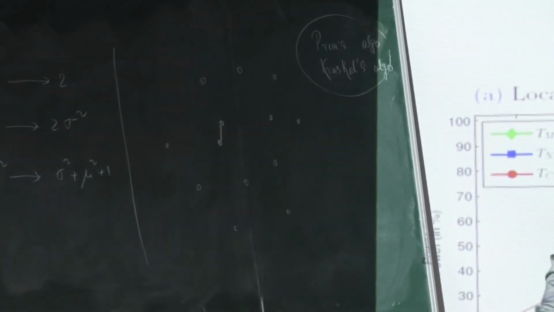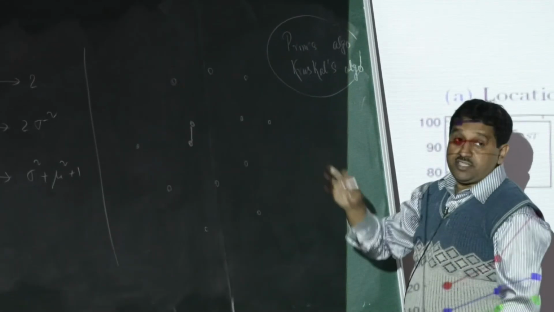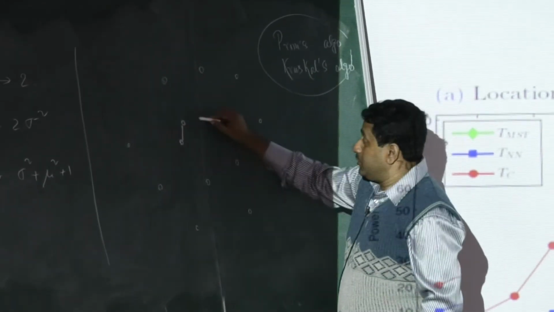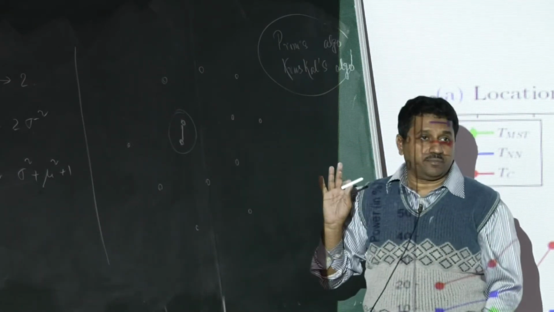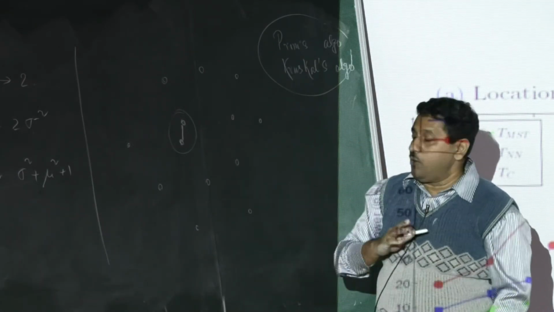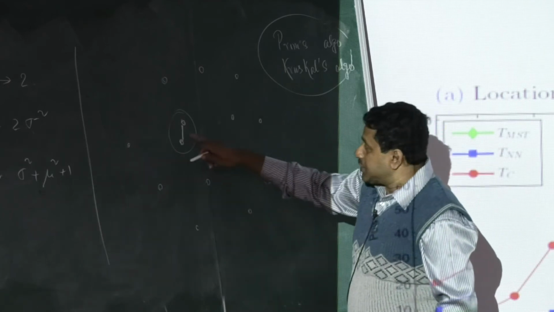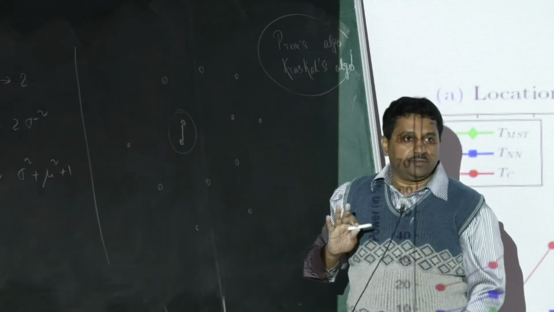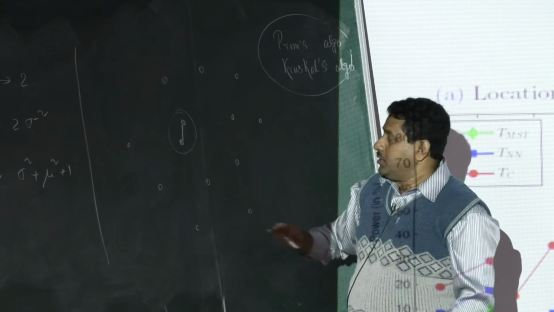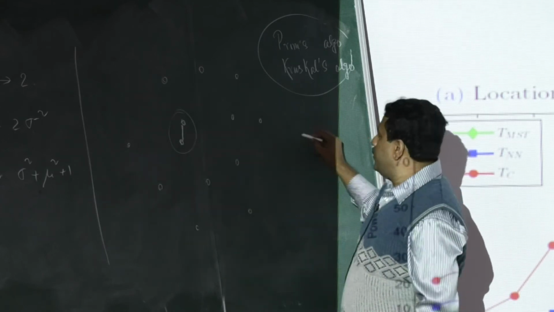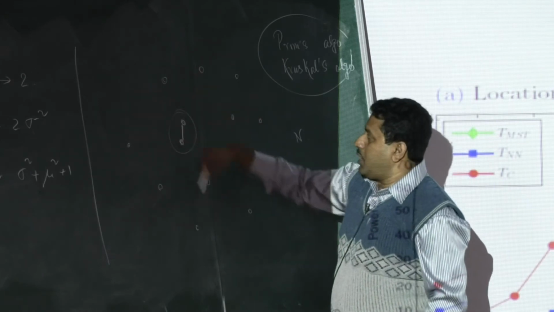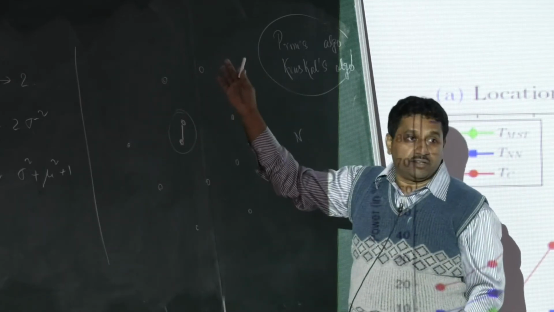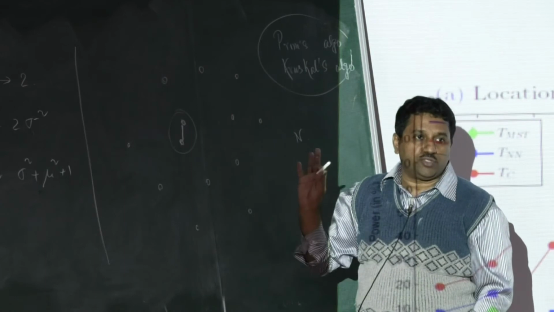Now I am dividing the whole set of vertices into two parts. One containing these two only, and the rest. Now I will be looking for an edge which will start from here and end outside. So how many such choices are there? If there are n vertices, then I have two vertices over here and n minus 2 vertices in the other set. So there are 2 into n minus 2 such choices.